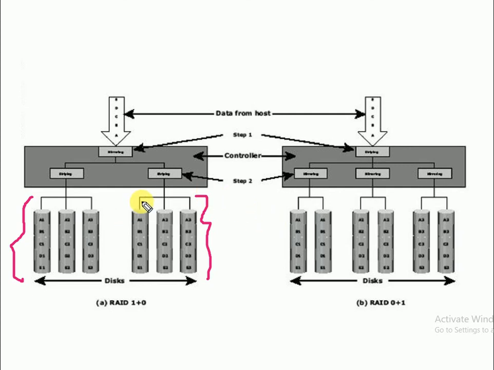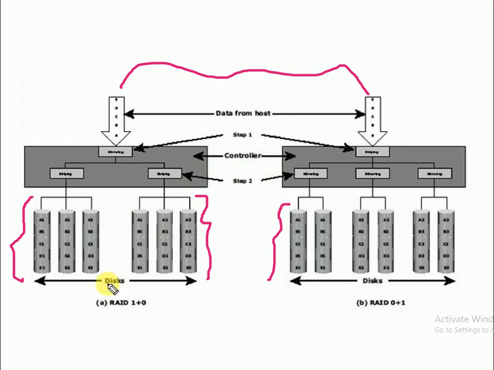Similarly, here is an example where we are using striping with mirroring. This is the structure where these two architectures are combined. In the first step it will do mirroring, in the second step it will do striping, or vice versa. There will be a controller, and they communicate between each other.